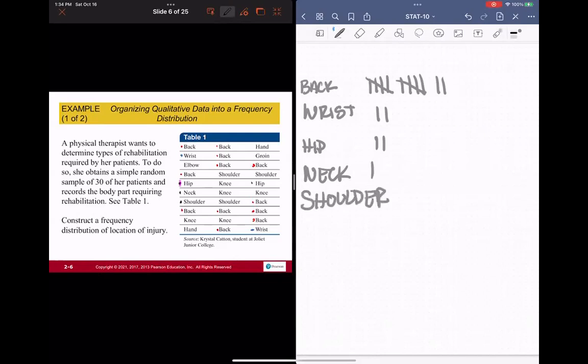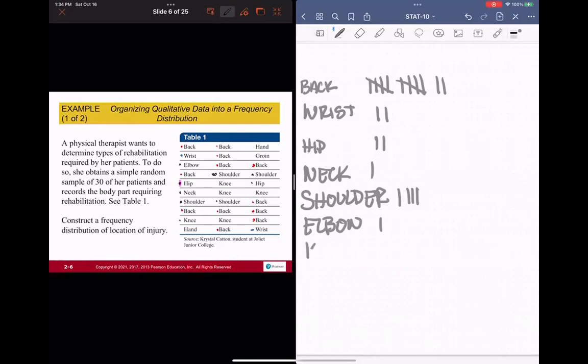We have 1, 2, 3, 4 for shoulder. Next is going to be elbow. We have 1 for elbow. And it looks like there's only 1 elbow.